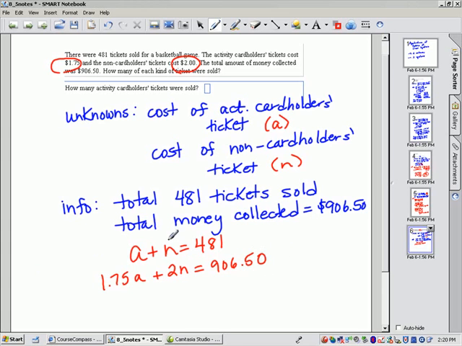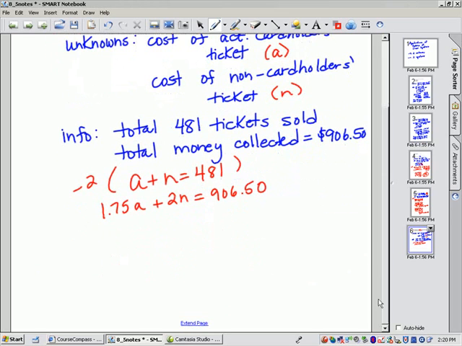If we multiply the top equation by negative 2, that would allow us to eliminate the N's. So we'd have negative 2A minus 2N, and then 481 times negative 2 is negative 962.